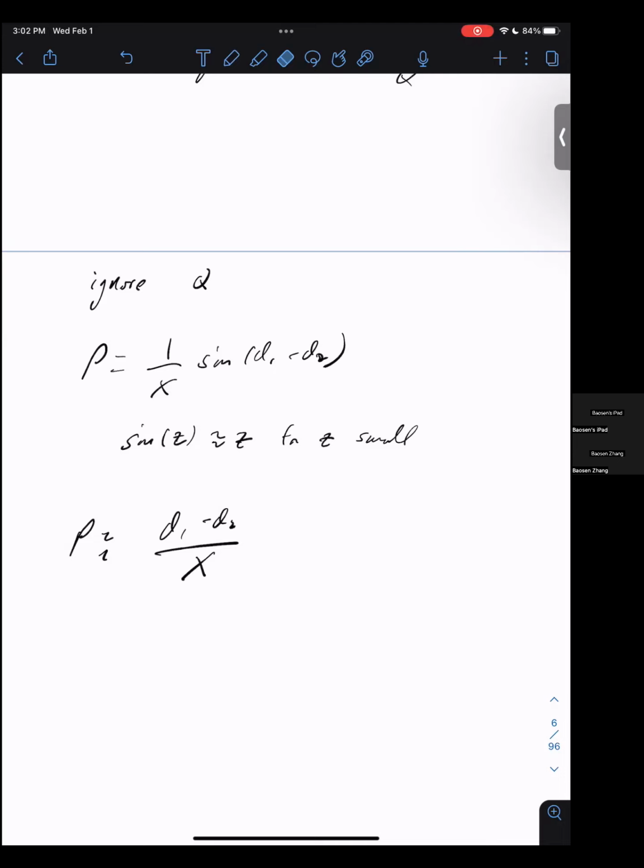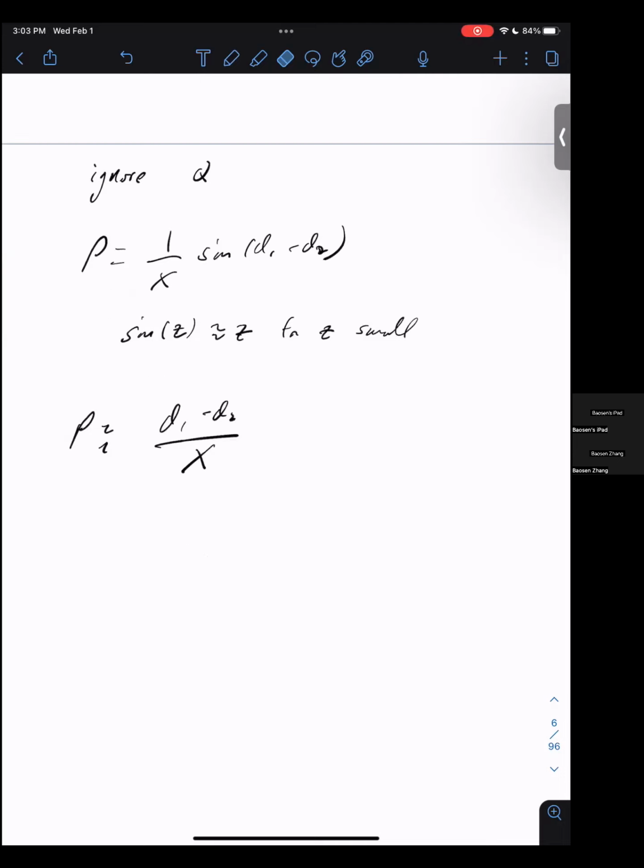So what does this tell you about how you should think of power flow? You should think of power as basically theta 1 minus theta 2 over x. This is exactly the same as how current would flow if theta 1 minus theta 2 were a voltage difference and x a resistance value.